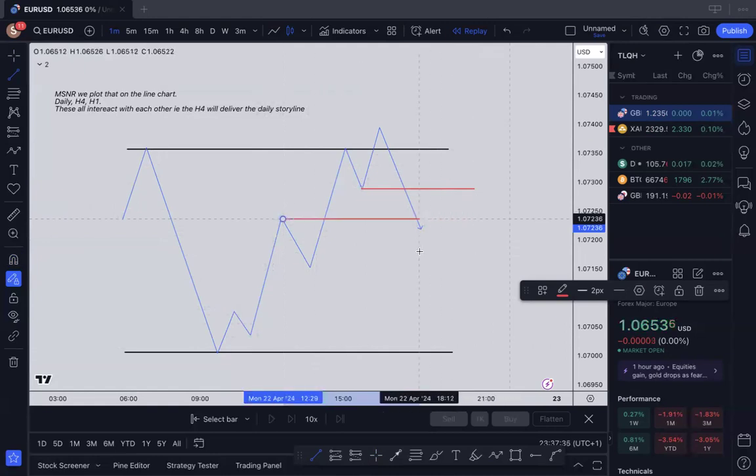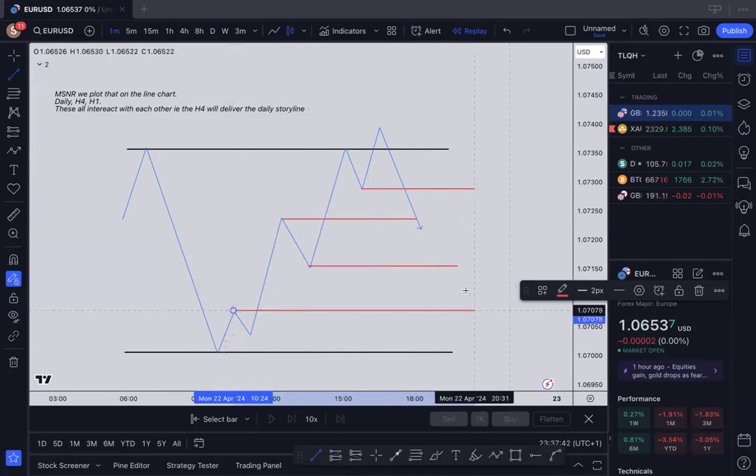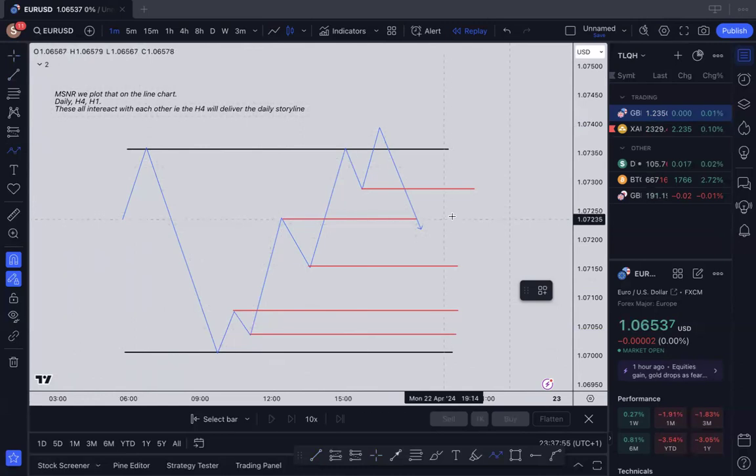Think of it, for example, like a bus. These are your two bus stops. Bus stop 1 being the top line, bus stop 2 being the bottom line. And now these red lines are just basically your buses.